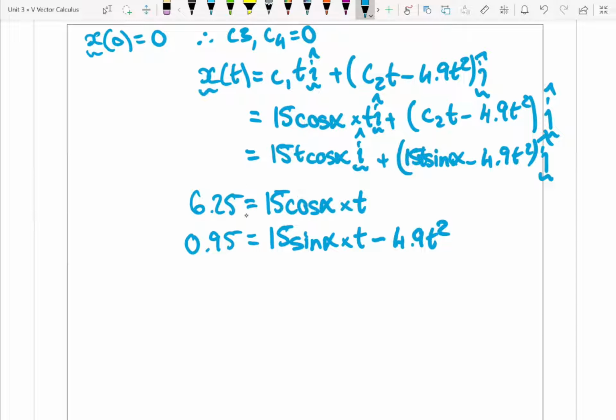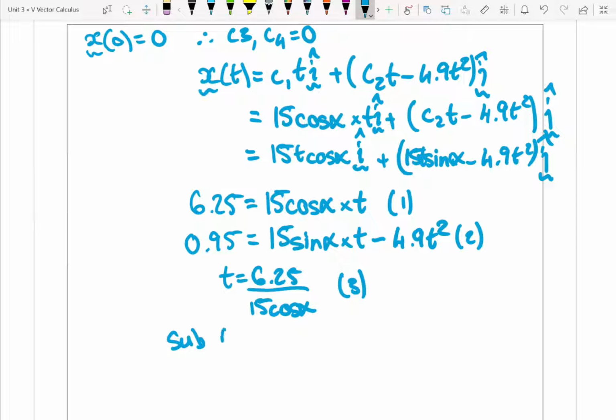So what we're going to do is rearrange this to make t the subject and then substitute it into here. So if that's equation 1 and this is equation 2, equation 3 is going to be t equals 6.25 over 15 cos alpha. We want to sub equation 3 into equation 2.